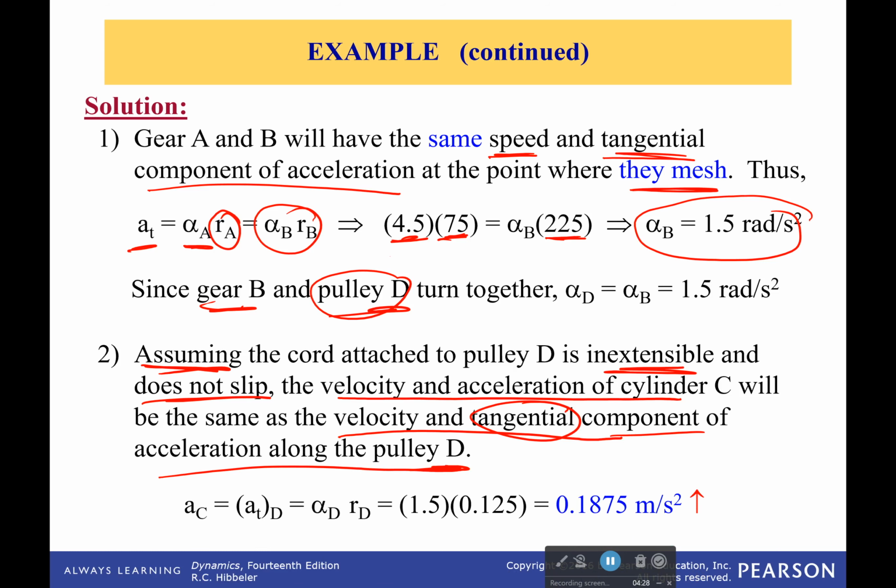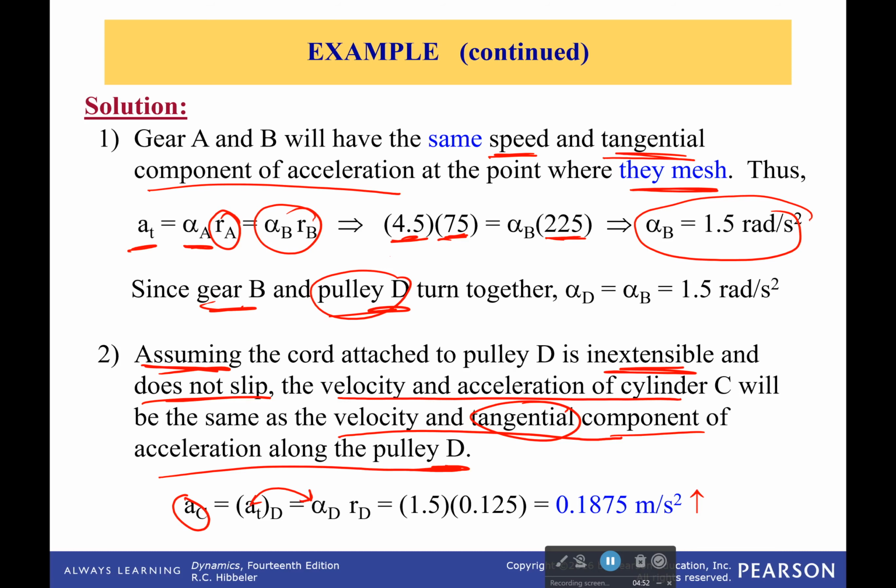So therefore, the acceleration of C is equal to the tangential acceleration at D, which is equal to the angular acceleration of D times the position vector. Okay, be very, very careful. It's so easy to get the angular acceleration and the tangential acceleration confused. Remember, one's in radians per second squared, that's talking about turning.